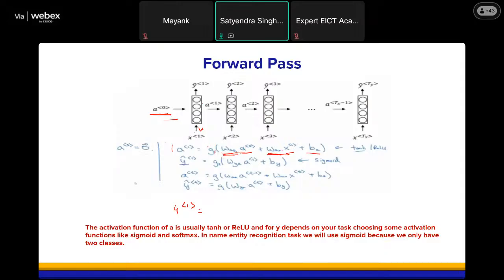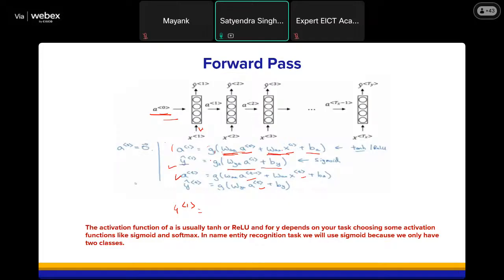And using this contextual representation, you also calculate the output, which is nothing but a weighted sum that involves the weight matrix WYA times A1 plus bias, passed to an activation function, which gives you the output. This is for A1. If you write it for AT, that basically involves AT minus 1 and XT, and similarly this is AT.